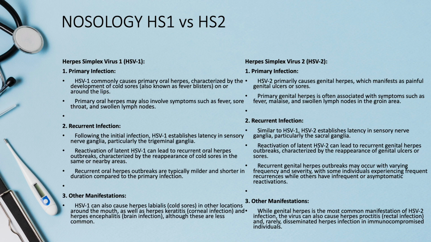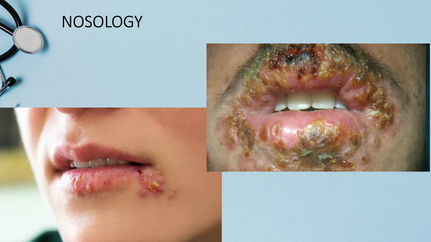So, infectious disease is impossible without infectious process. But infectious process is possible without infectious disease. Same thing happens in herpes simplex.